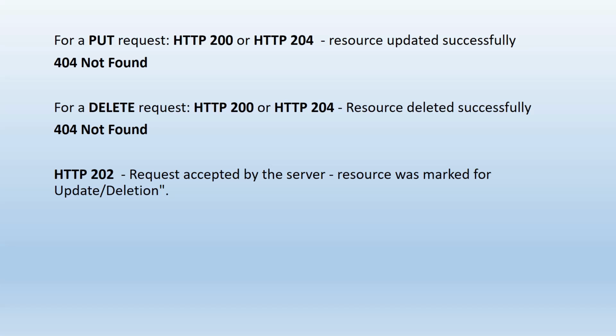So when you make a PUT or delete request, the server immediately returns 202. That means the server has received the request, but it will take some time to update or delete. This HTTP 202 you can use for both delete and PUT.